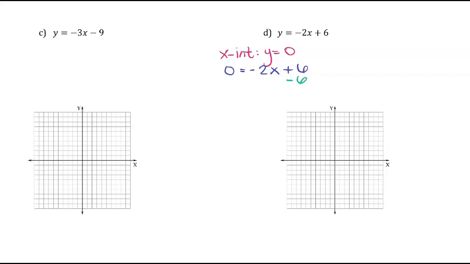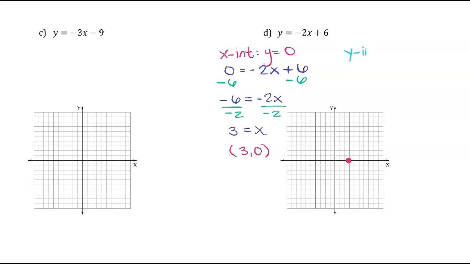Subtracting 6 from both sides of the equation gives us negative 6 equal to negative 2x. Dividing both sides by negative 2, we have that positive 3 is equal to x. That tells us that we have an x-intercept of (3, 0), and we can plot that on our graph. We go to the right 3 units and stop.